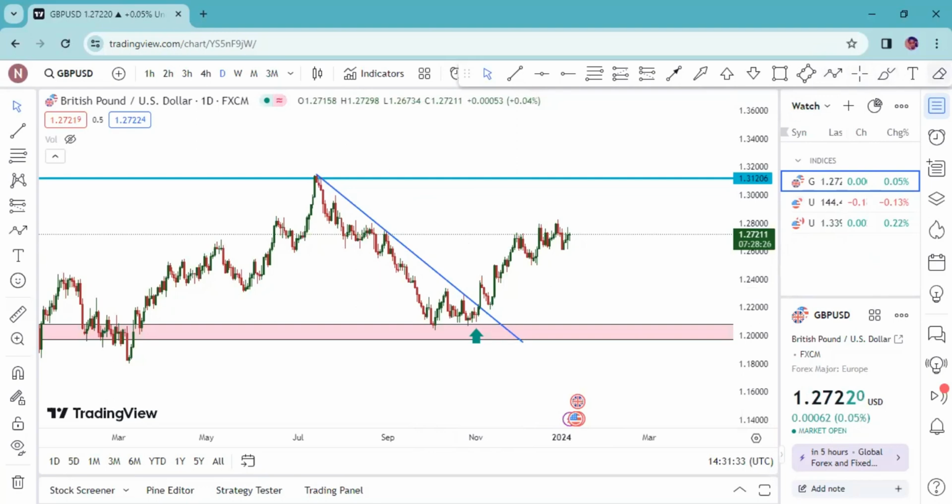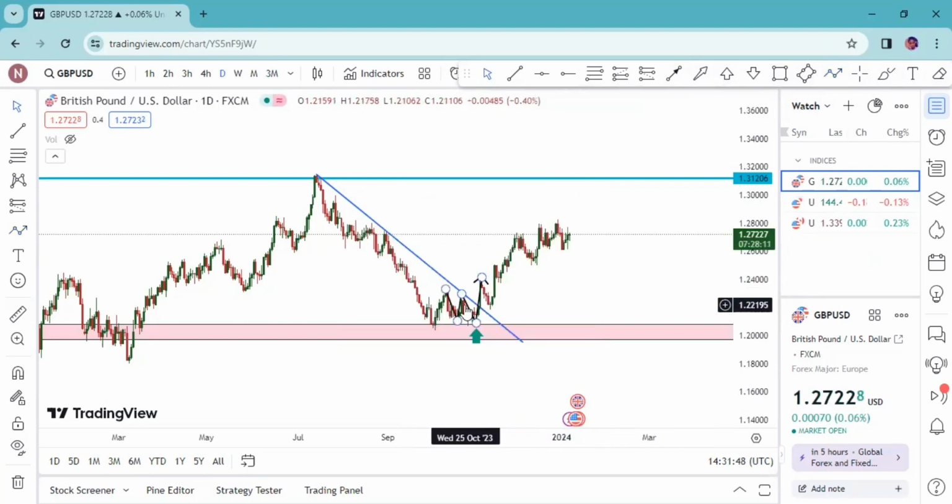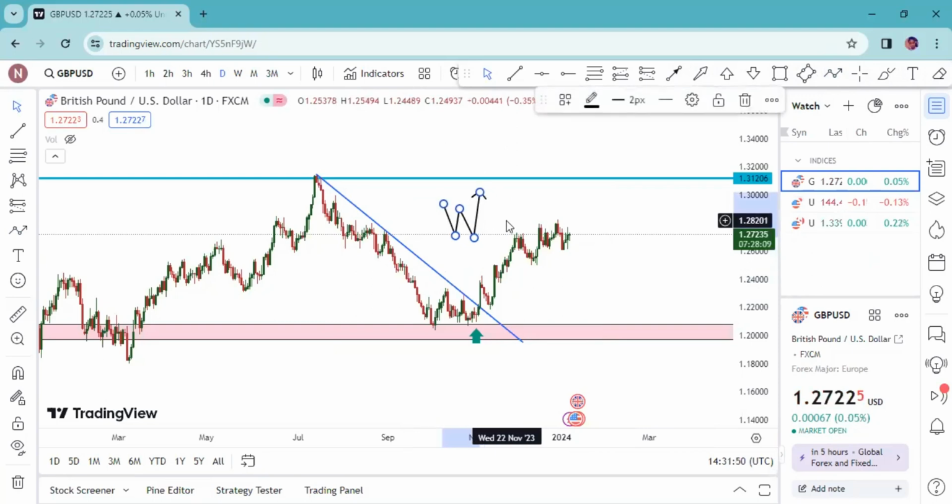Also, you can see there is another one here. Up to here, to here, to here, to here. Guess what this is? Double bottom.